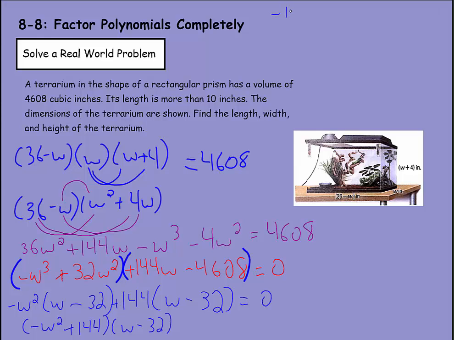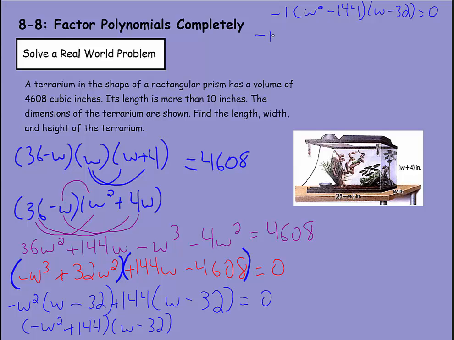So if we have negative 1 and then we have w squared, this will become minus 144. Then we still have our w minus 32, and that's going to equal 0. We have a squared variable, and we are missing the one variable, and we have the number. That's the sum and difference one. Since they're both squares, that's going to work.